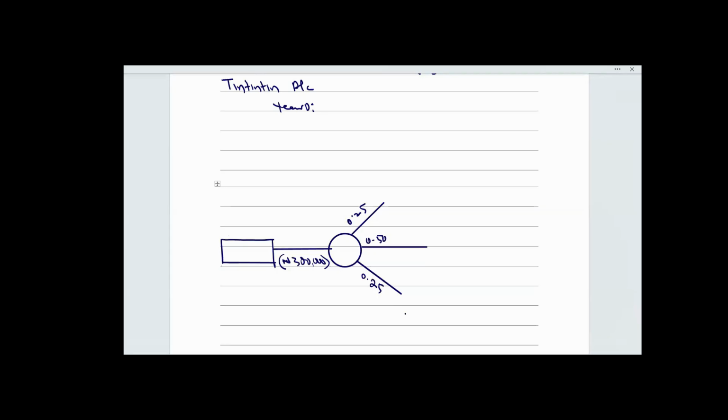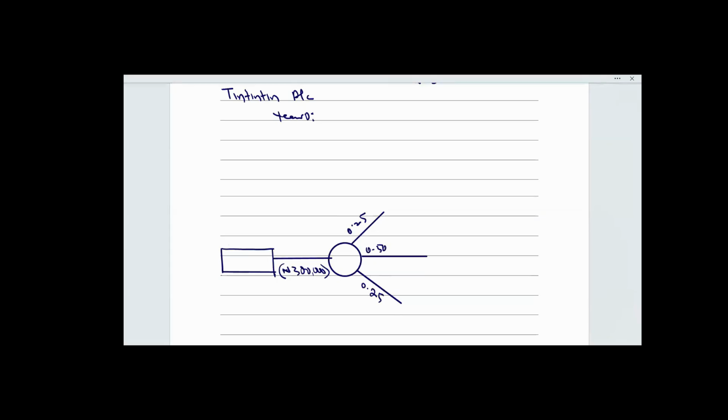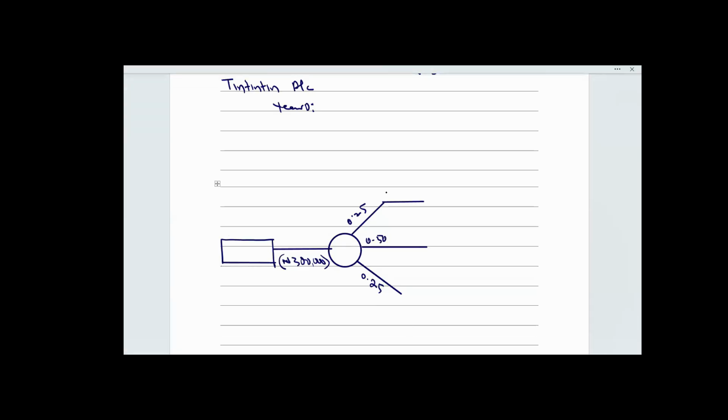Then cash flow of year one is 100, 200, 300, that is 100,000, 200,000, then 300,000.